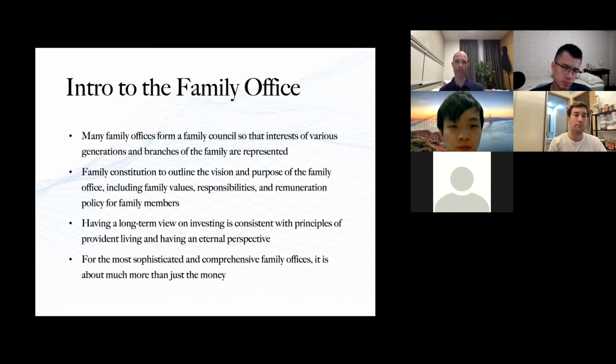A family constitution is also a best practice in the family office industry that helps provide that vision and purpose for the family, and can also outline, as noted here, the family values, responsibilities of family members, as well as remuneration, so the compensation that family members receive. Some of these things, for me at least, if you look at it on a small scale, like my family, for example, we all have responsibilities in our family, right?